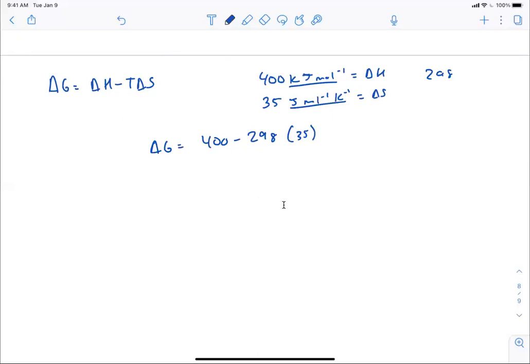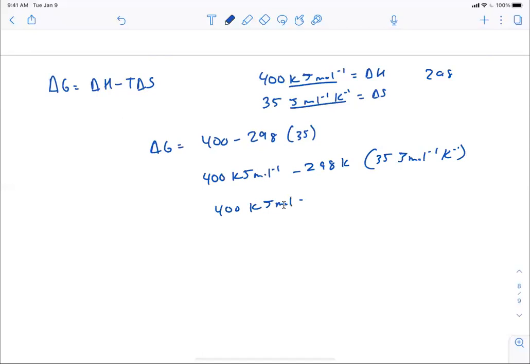So if a kid writes this, it takes a fraction of a second longer. But then when they do 400 kilojoules per mole, and then multiply 298 times 35, they get 10,430 joules per mole.